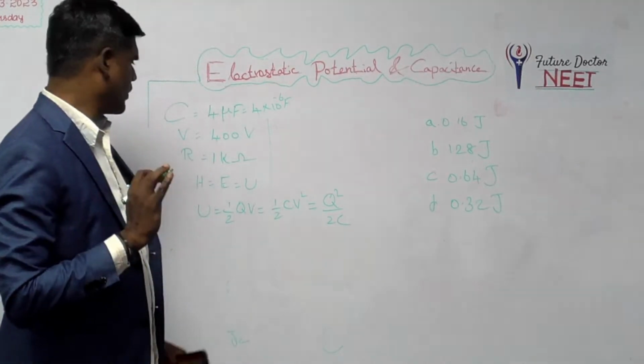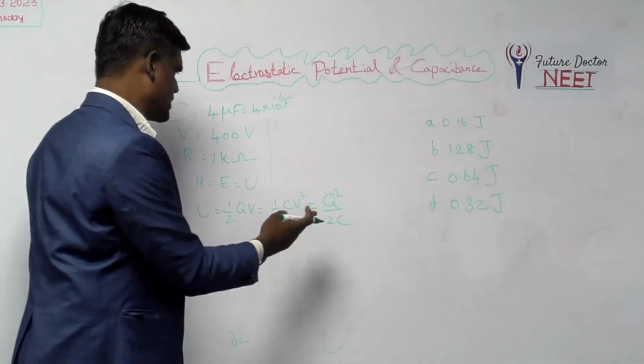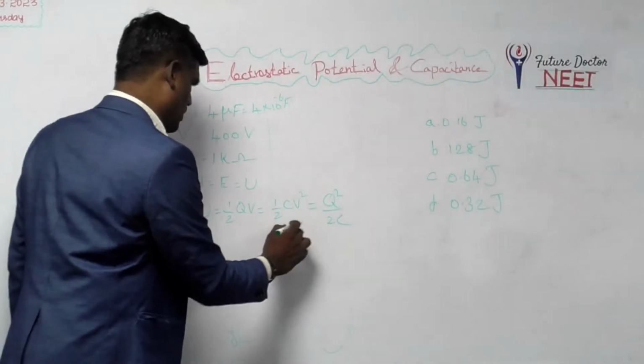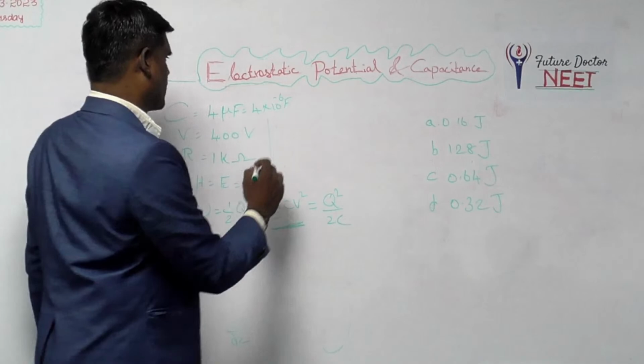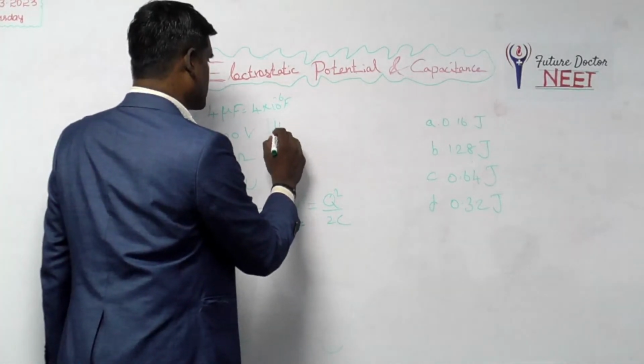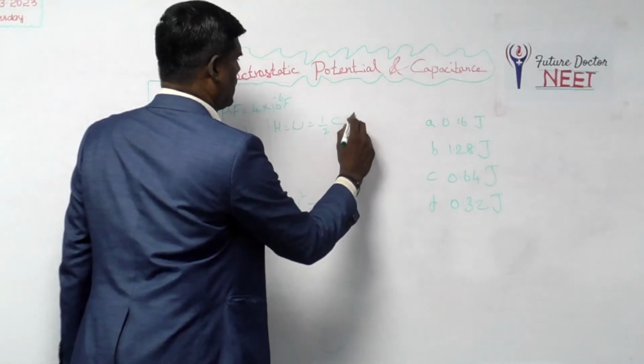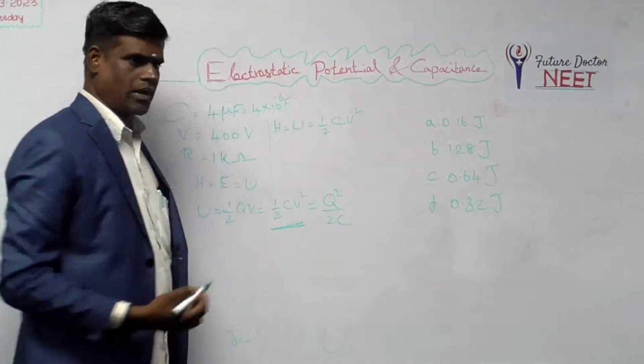Now which formula will you apply? QV, or CV square, or Q square by 2C? CV square. This formula only you are going to apply. And here heat energy H equals potential energy U equals half CV square. Come on, apply and find the answer.